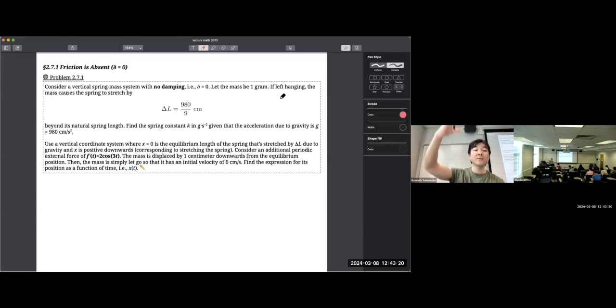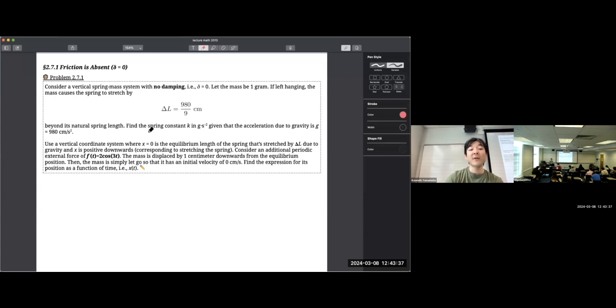And then if you left it hanging, you observe that the delta L, which is the extra length that the spring stretches by, is equal to 980 over 9 centimeters beyond its natural spring length.